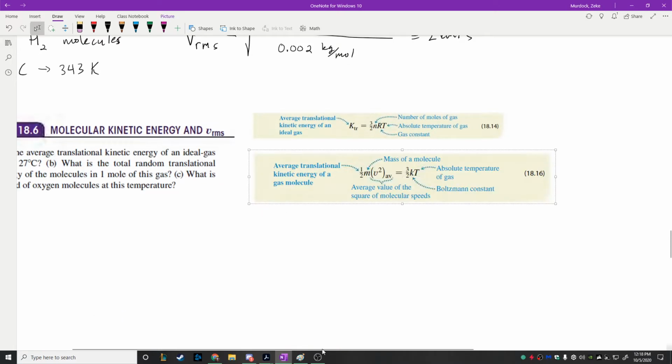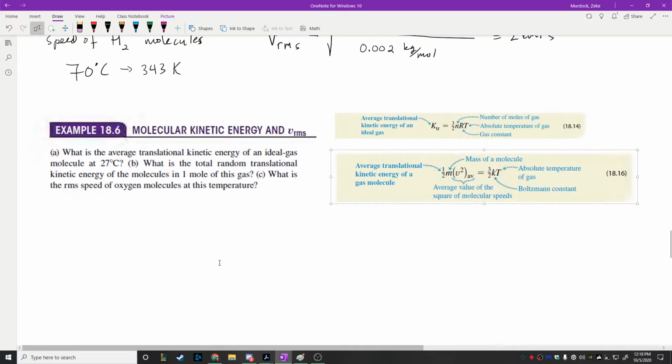Which one are we going to use there for part A? The second one, yeah. So this is pretty simple to figure out the average translational kinetic energy of a single molecule. That's this equation here.